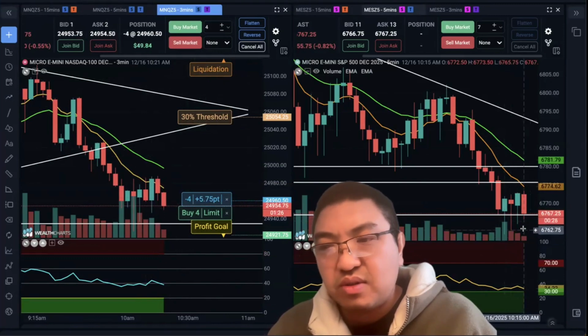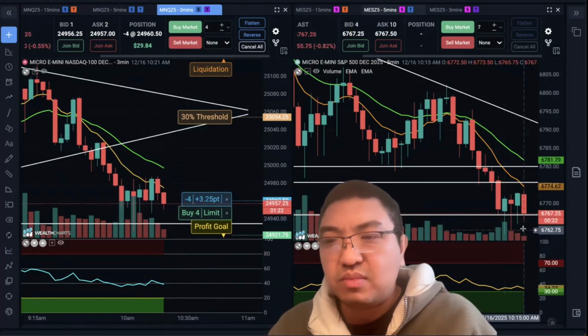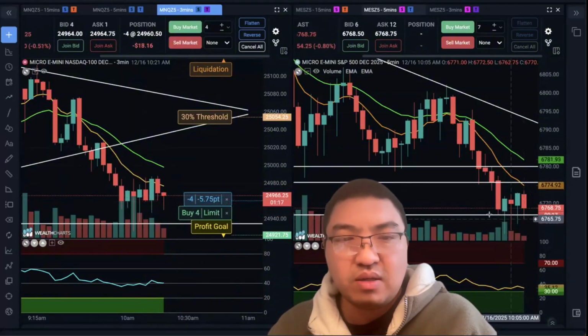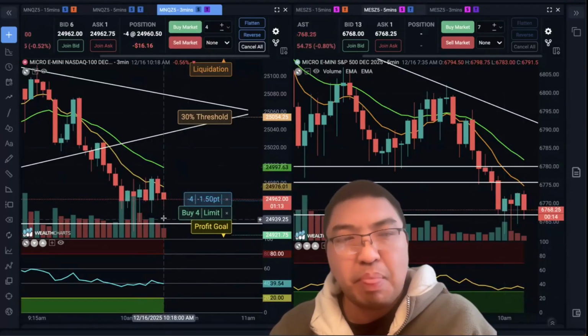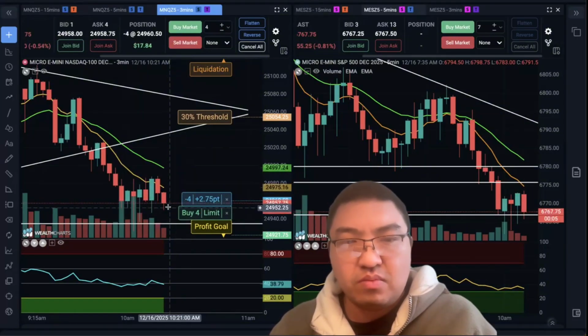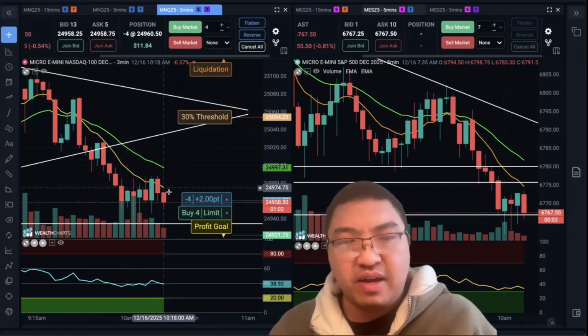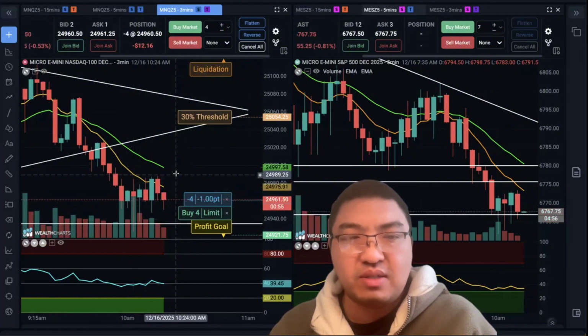Oh, ES shows a triangle. Okay, can you break out? This is a sideways triangle. Oh no, it gets pushed back. Strong bias right here. This is like a flag, and when it breaks out of the flag, if it keeps going that way, I'll probably go short out here.